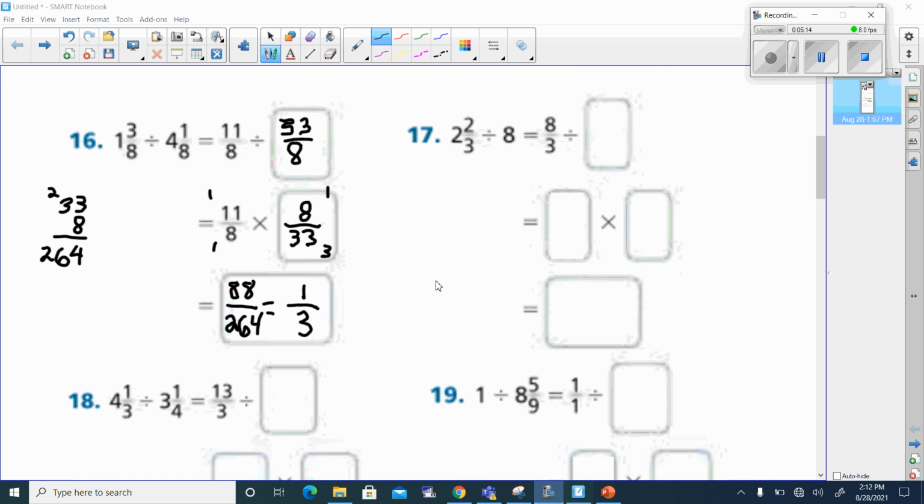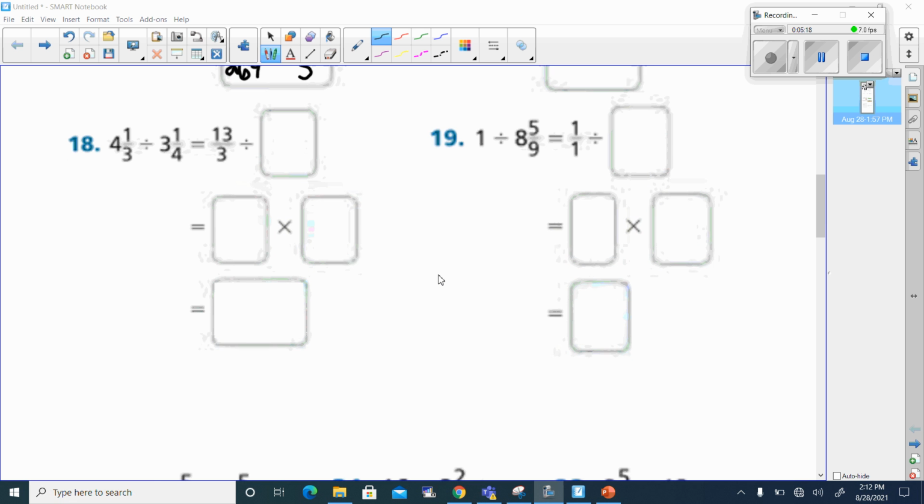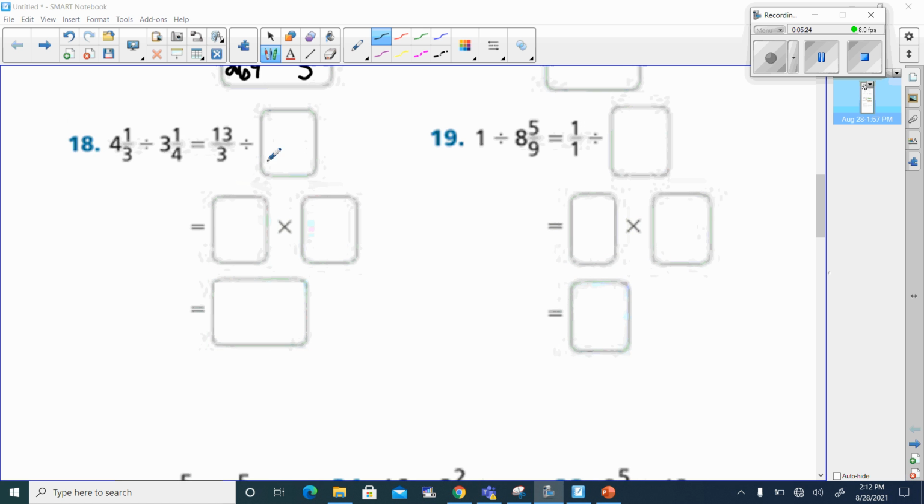All right, number 17 is yours, so let's go to number 18. Number 18 is a great place for me to go ahead and write a code word, and we're going to put this code word here.